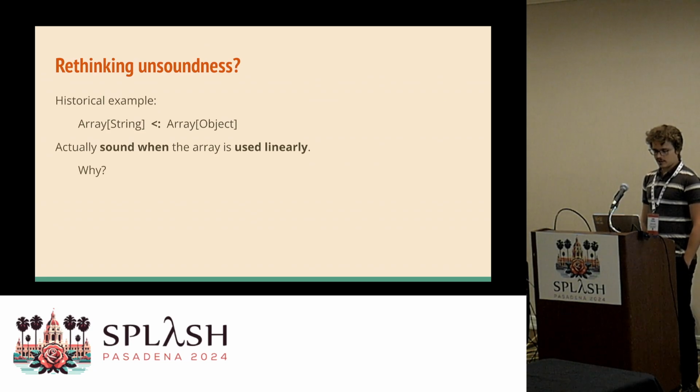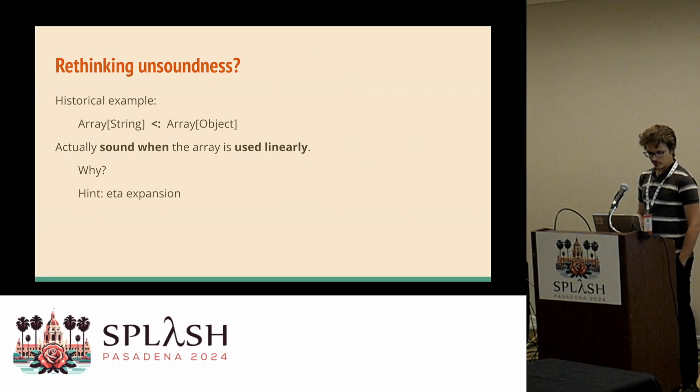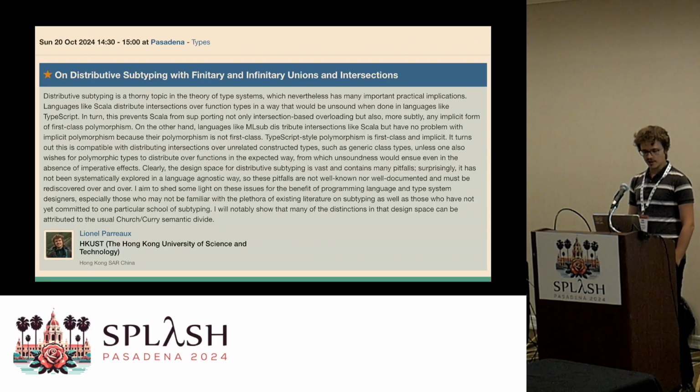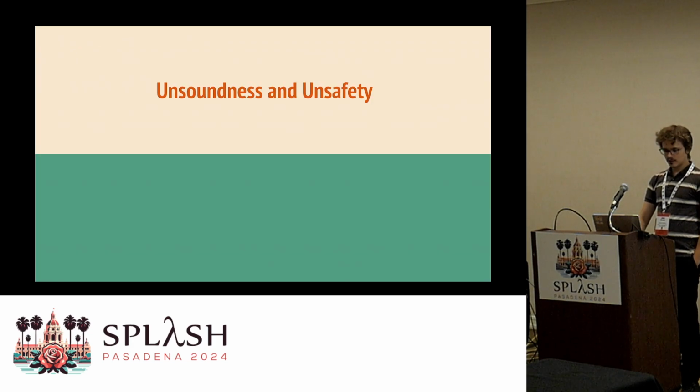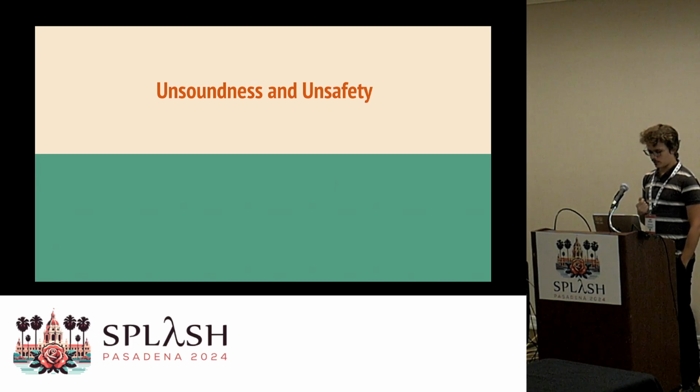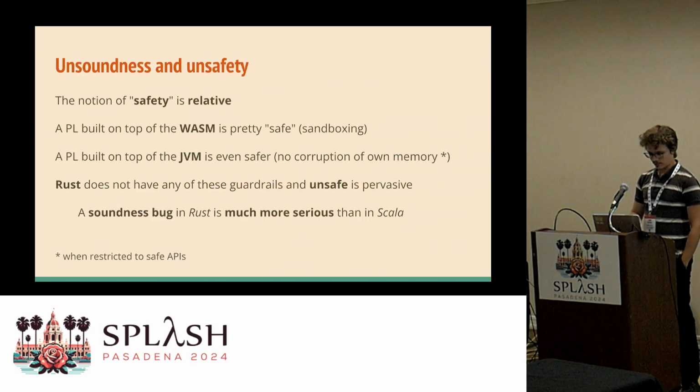So why is that? How can you understand this? This is one of the things I will talk about this afternoon in my contribution to the workshop. It's related to eta expansion and how to understand subtyping. Okay? And I would like to conclude with a quick note, because we are already out of time.